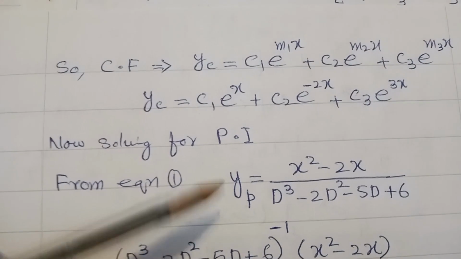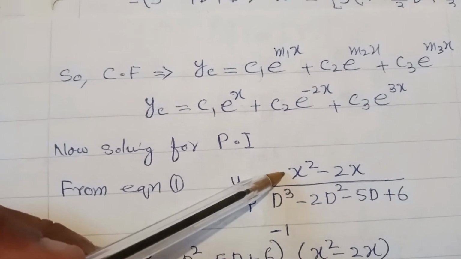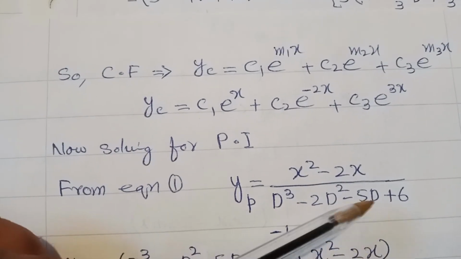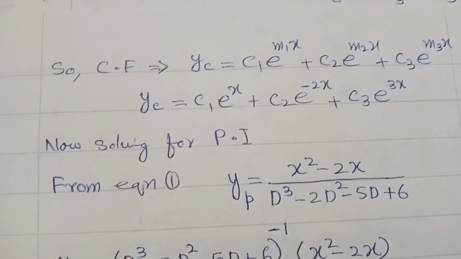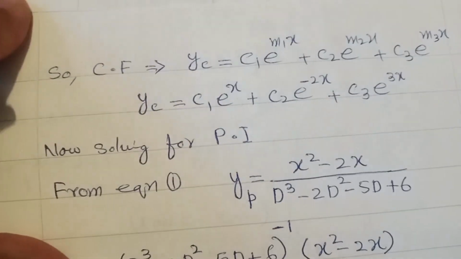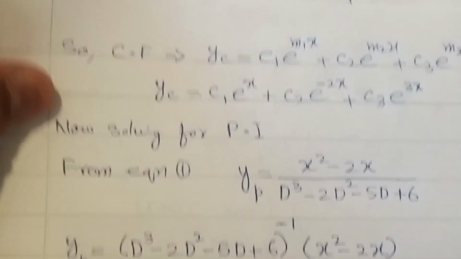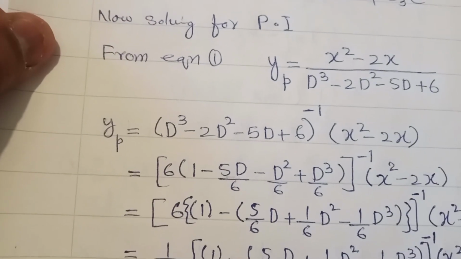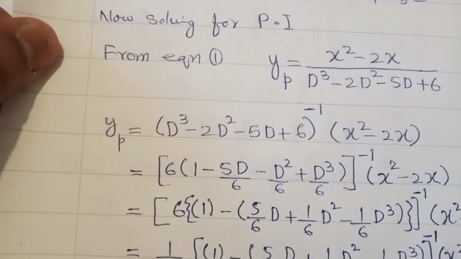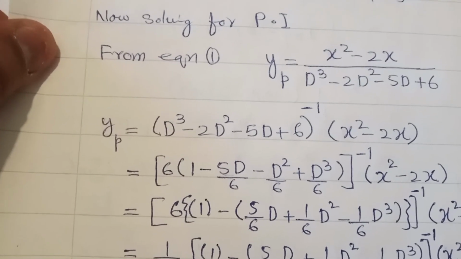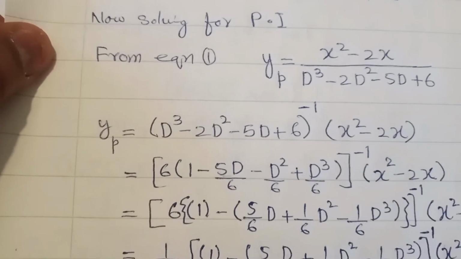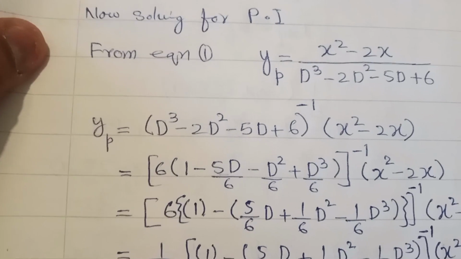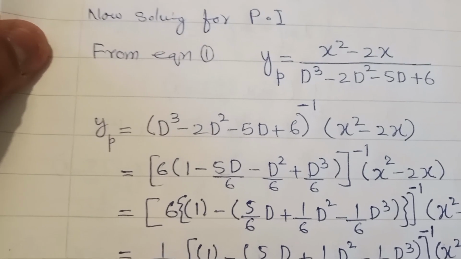So for the particular integral now, from equation number 1, we will equate the value of y, that would be yp. So yp is equal to x square minus 2x divided by d cube minus 2d square minus 5d plus 6. I need your concentration here. This problem is a little bit lengthy because we have a second order polynomial, x square minus 2x, and a third order polynomial in the denominator, consisting of d.